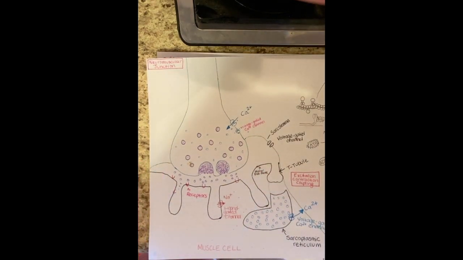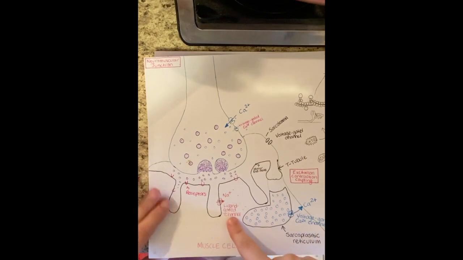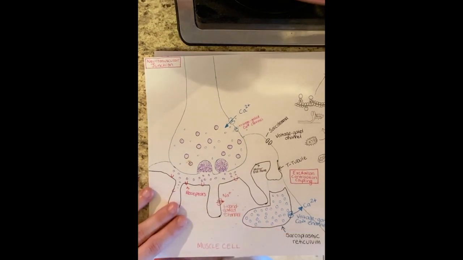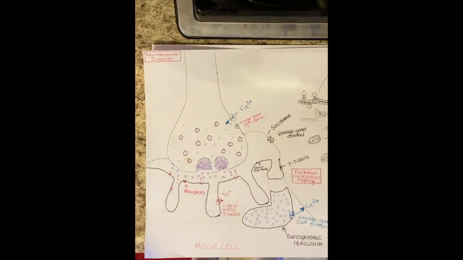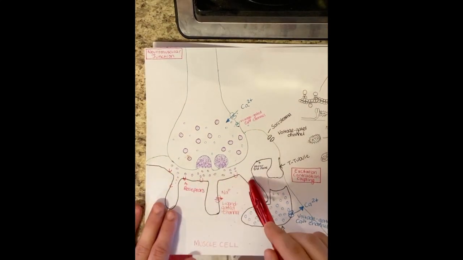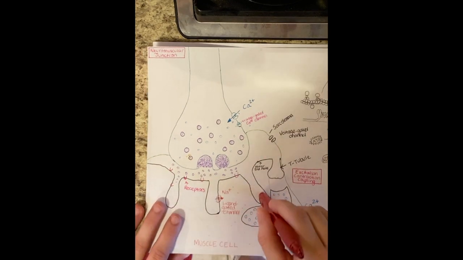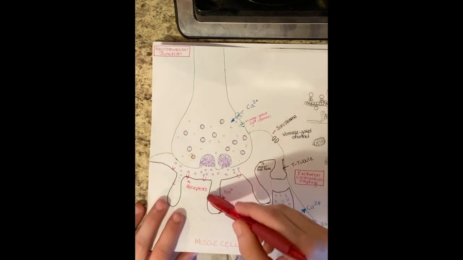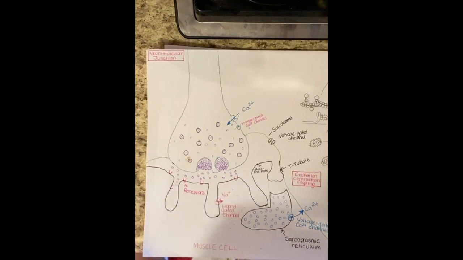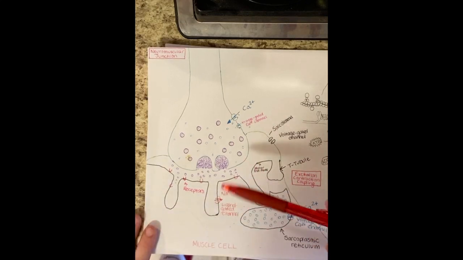When it binds to the motor end plate, this allows for the ligand-gated channel down here to open. When the ligand-gated channel opens, this allows for sodium ions to enter into the muscle cell and potassium ions to exit the muscle cell. This causes the membrane potential to depolarize because of the addition of positive charges.